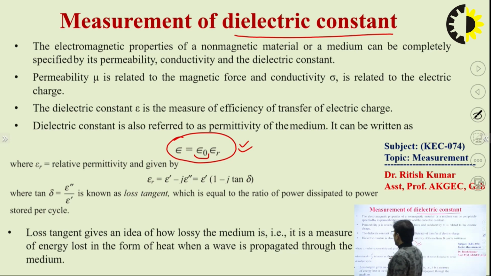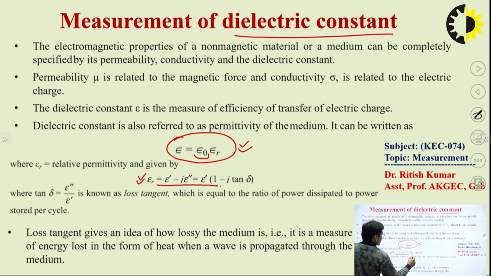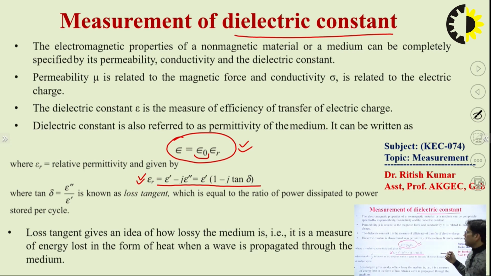Every microwave material has a relative permittivity given by this equation. This is a complex permittivity, so microwave materials always have the permittivity in complex form. This is the real part of the relative permittivity and this is the imaginary part, right?